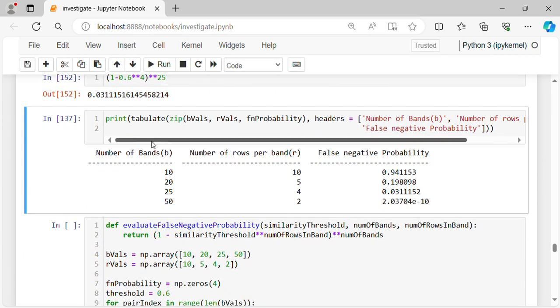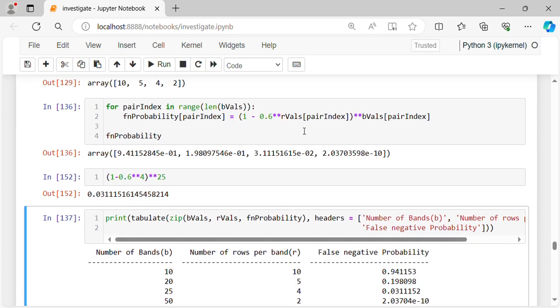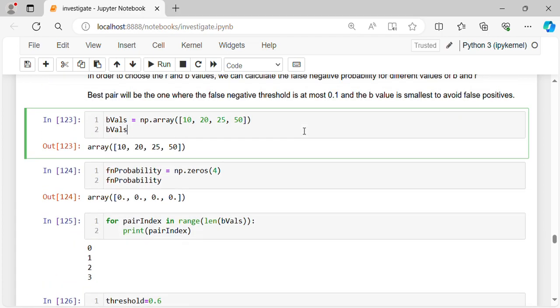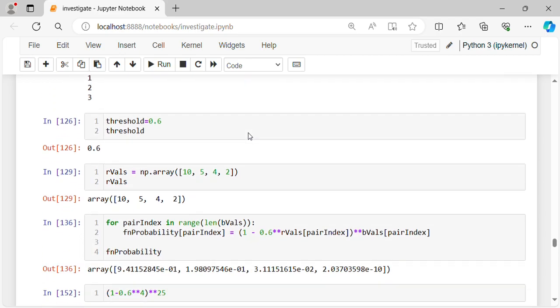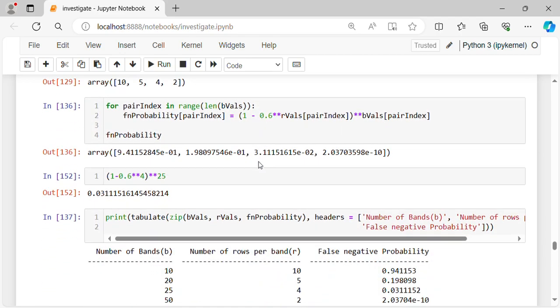So print tabulate zip B values, R values, Fn probability. B values are 10, 20, 25, 50. R values are 10, 5, 4, 2.